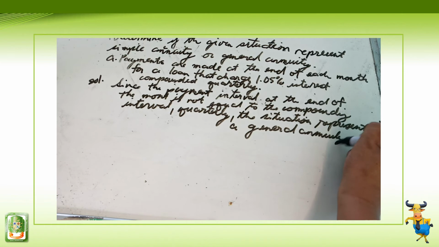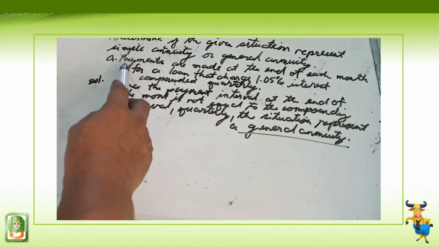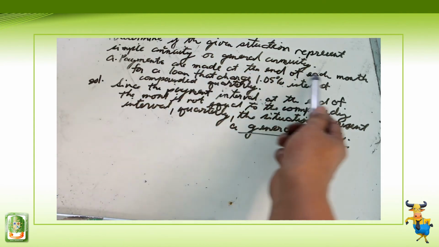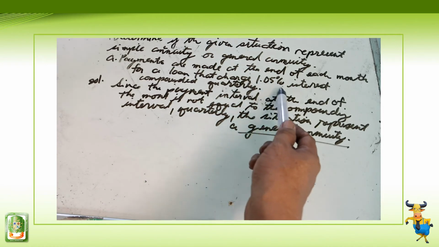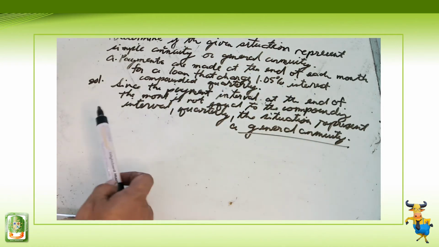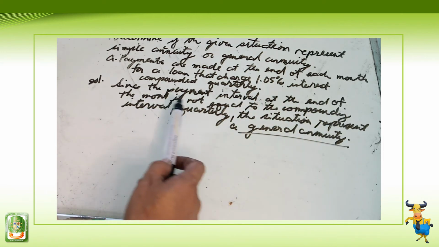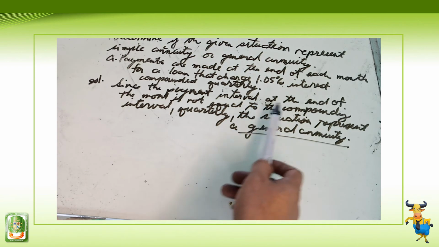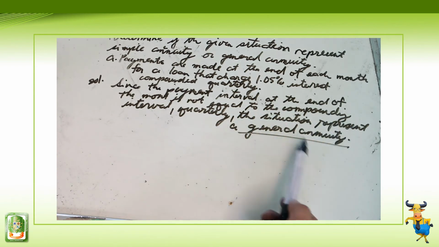So this one is a general annuity. Tingnan nyo, payments are made at the end of each month for a loan that charged at 1.05% interest compounded quarterly. So since the payment interval at the end of the month, tama po ba, is not equal to the compounding interval, quarterly, the situation represents a general annuity. Okay? Next.